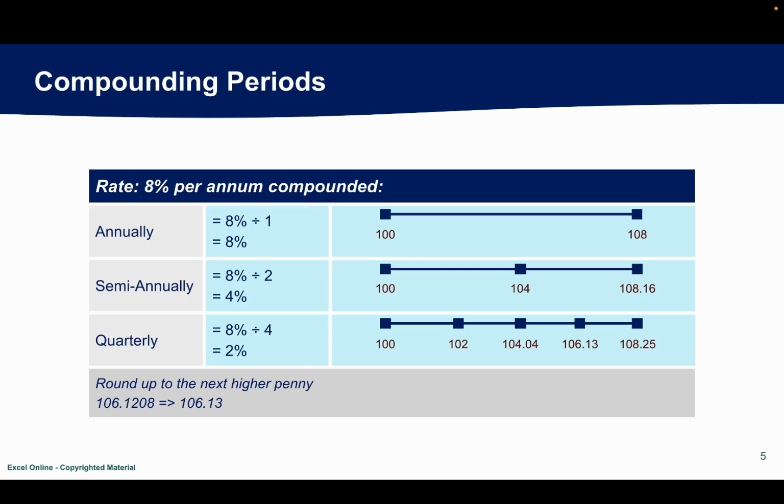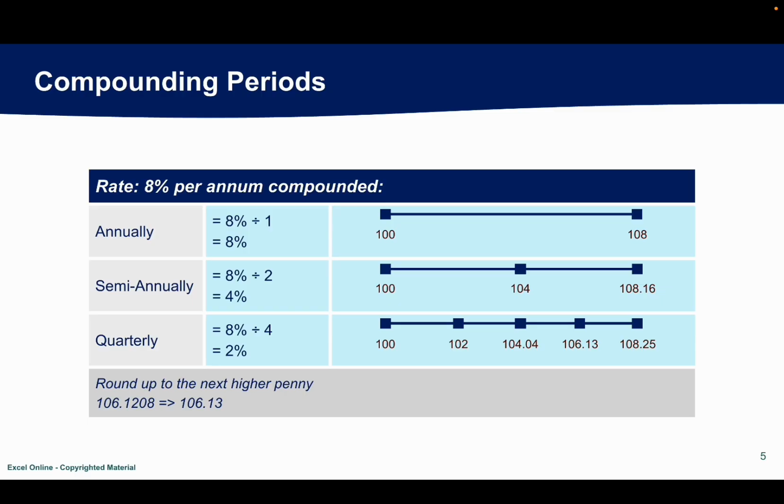Therefore, 6 months in, the bank charges 4% once, which becomes $104. And another 6 months after that, 4% is charged on the $104, making the balance $108.16.